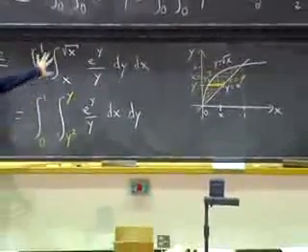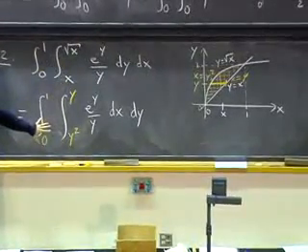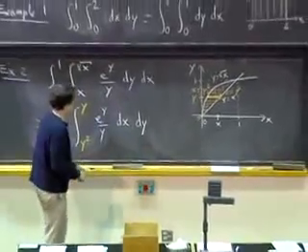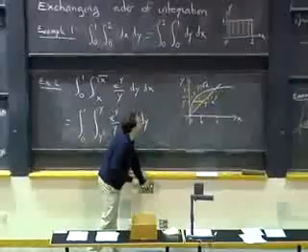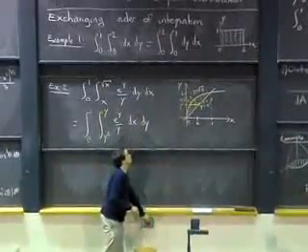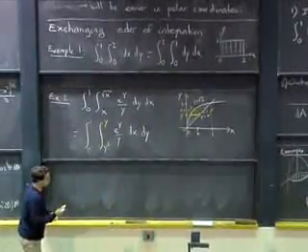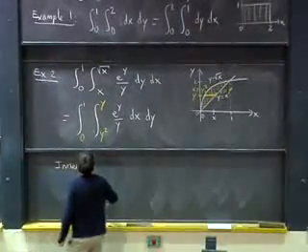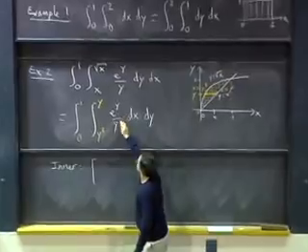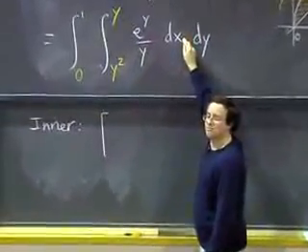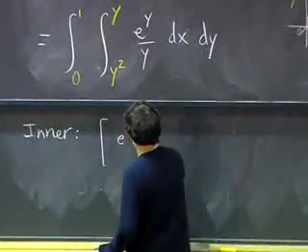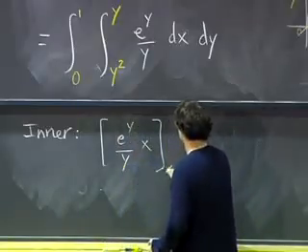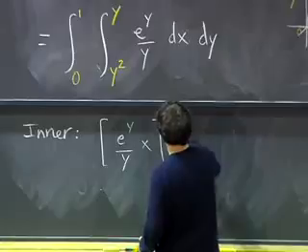So you see, switching the bounds is not completely obvious. That took a little bit of work. But now that we've done that, it's actually going to be much easier to integrate. What's the integral of e to the y over y with respect to x? It's just that times x, from x equals y squared to y.